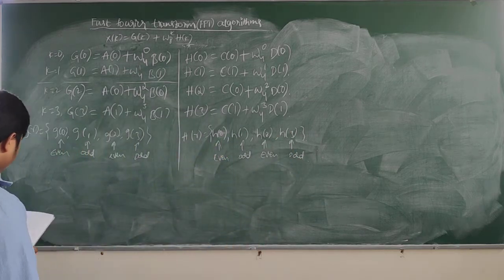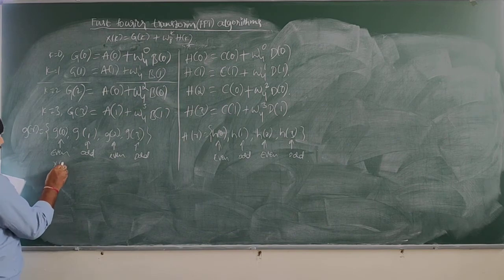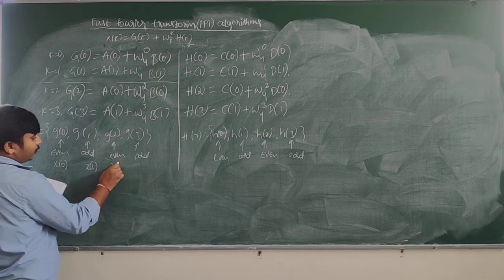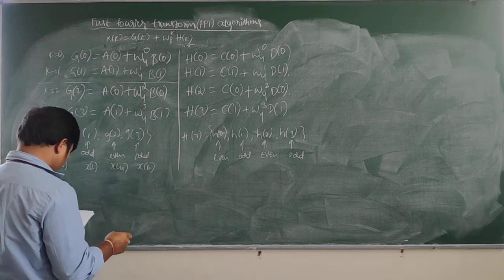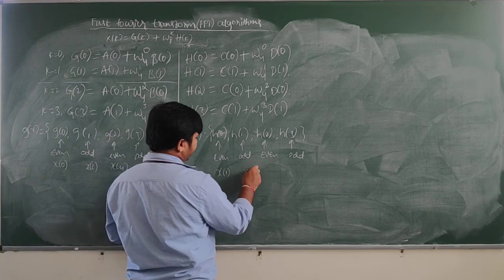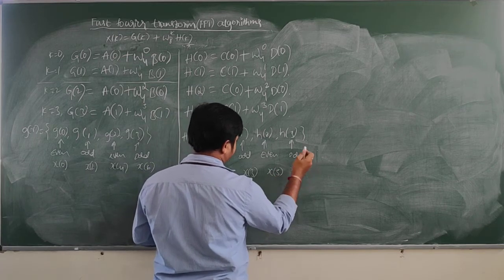Okay, so our inputs are x of 0, x of 2, x of 4, x of 6. So here x of 1, x of 3, x of 5, x of 7.